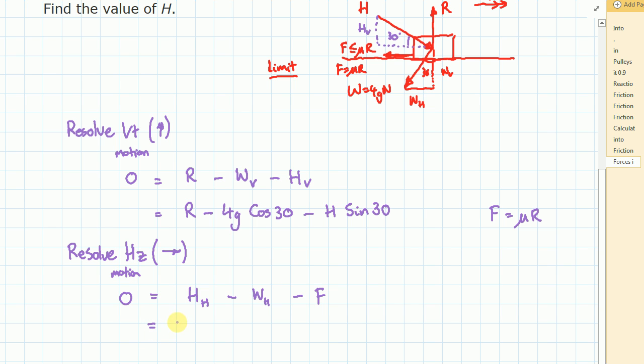So H cosine 30 minus 4g sine 30 minus mu R is equal to 0. And now we need to solve these equations simultaneously.